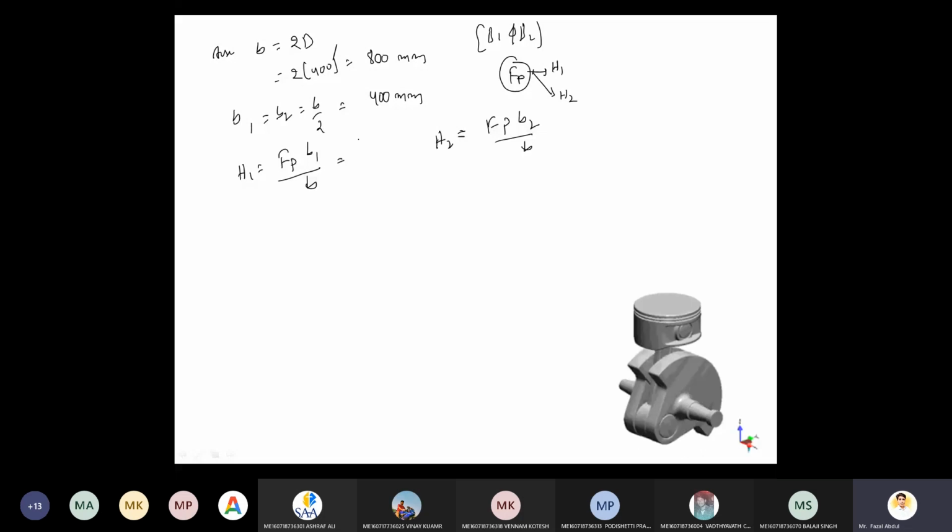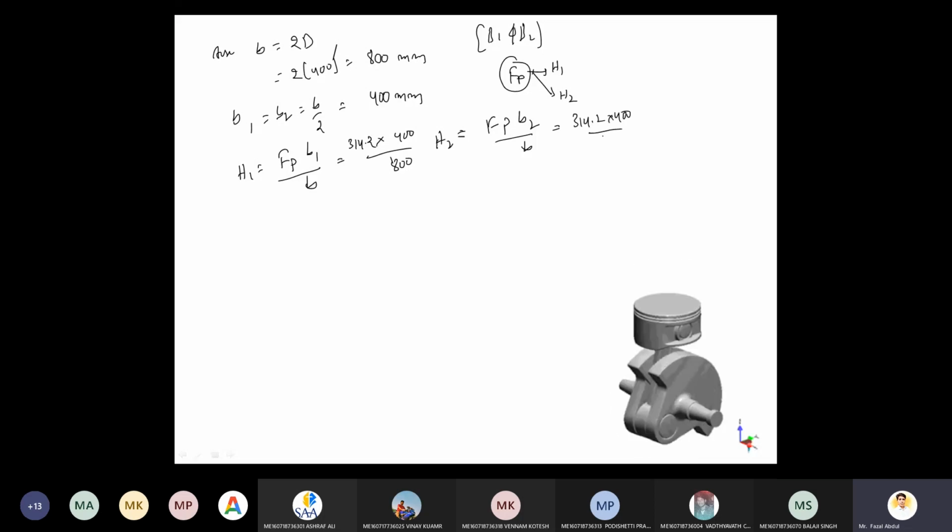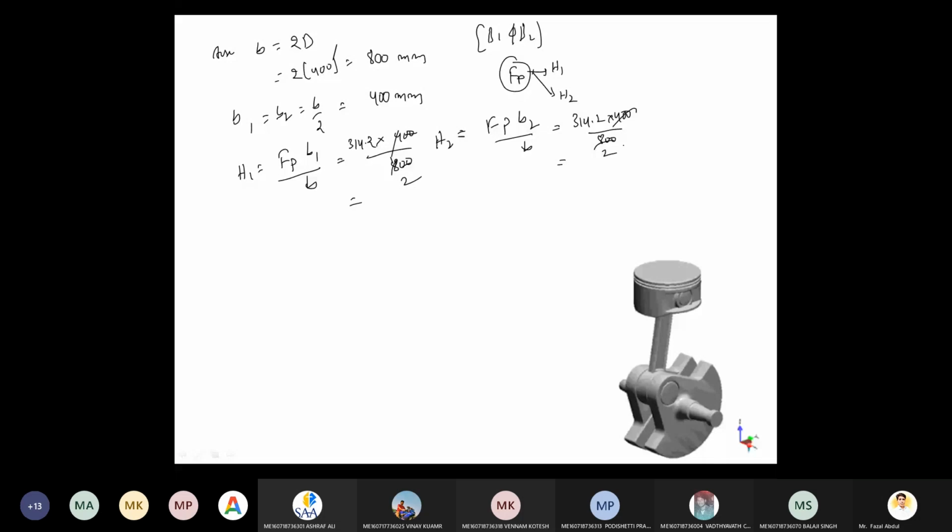Fp we got how much? 314.2 into what is b1? 400. What is b? 800. Here Fp is 314.2 into 400 by b value 800. Okay. Now what is H1? What is H2? Get the value fast, Babu. H1, H2 both are same in magnitude because 314 divided by 2.